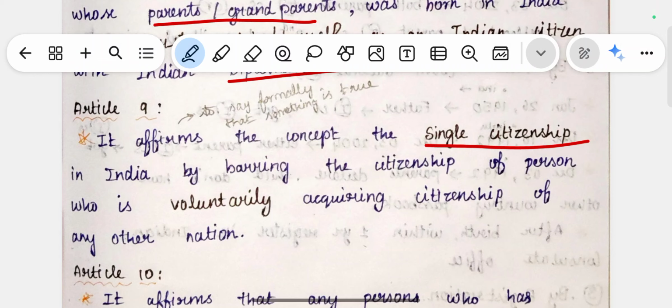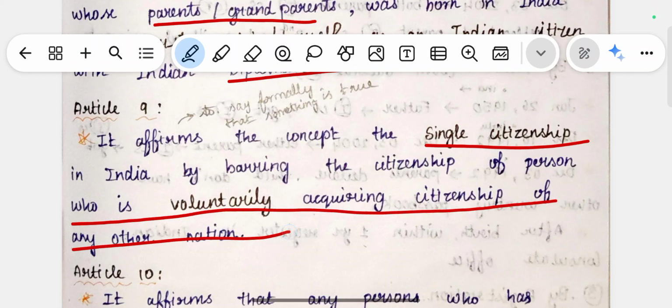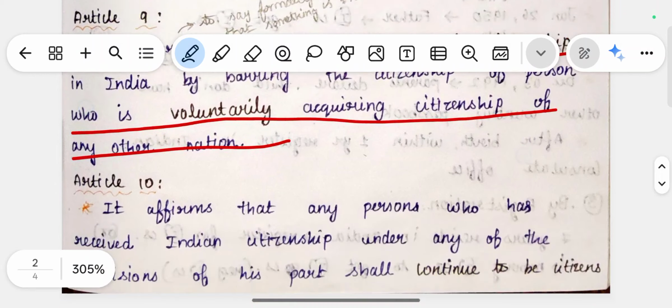So if a person has Indian citizenship but voluntarily acquires the citizenship of another country, then the Indian citizenship will be cancelled.